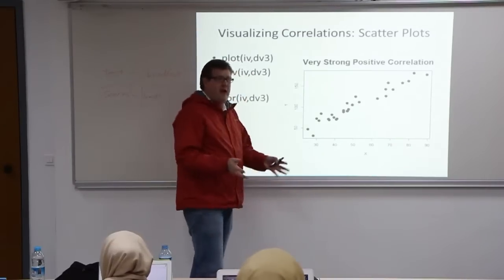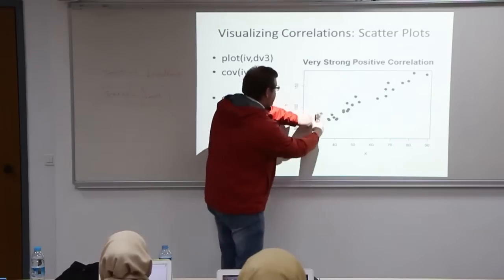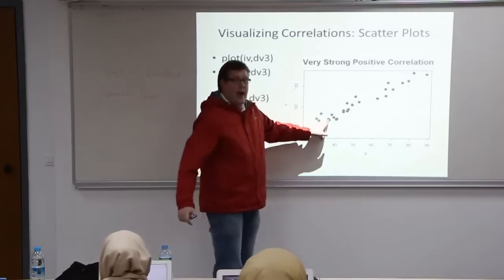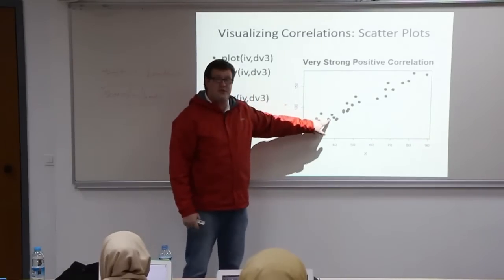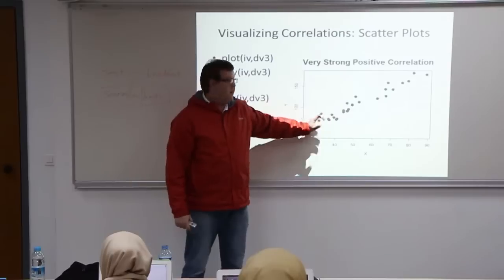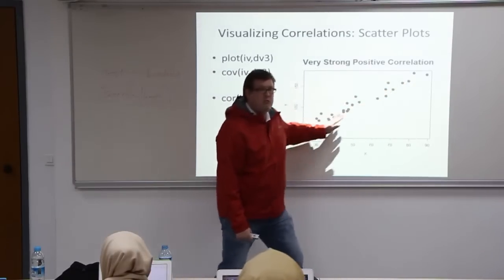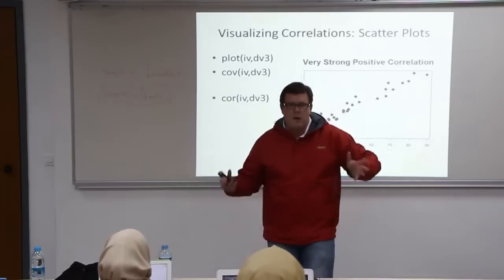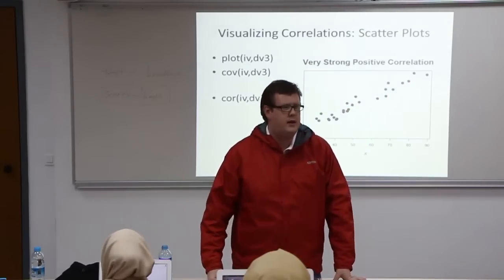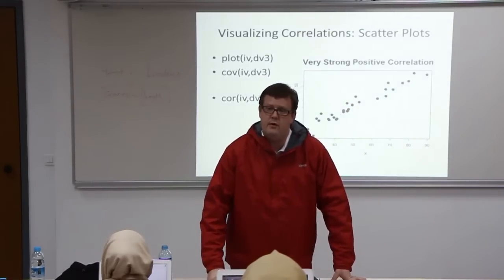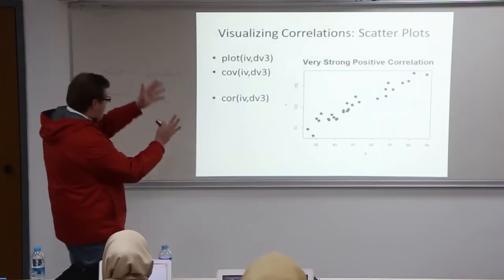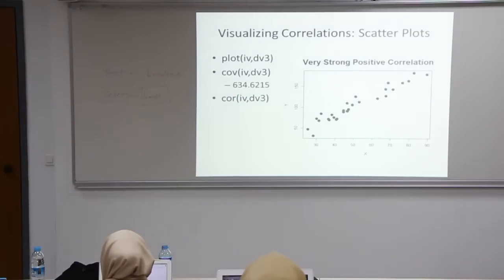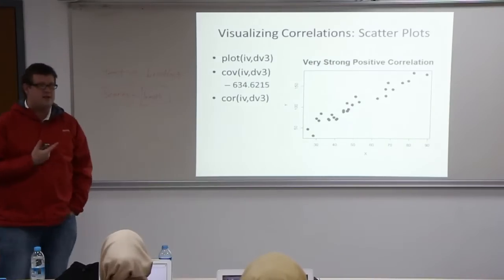Now, this doesn't happen for every single case, so here we have a particular x and y, and as we increase in x here, we actually observed with this person a decrease in y. But in general, as you go up in one, you will go up in the other. This means, what about the correlation that we should be finding? It should be positive. And based on the way that these things are spread out, this should be a fairly strong positive correlation. So covariance, did you find 634?